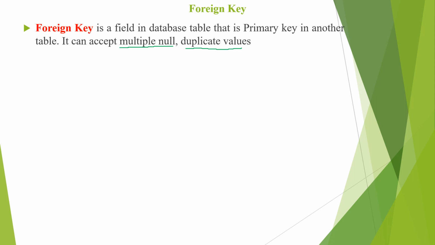In one table the same attribute acts as a primary key, and in another table the same attribute acts as a foreign key constraint. Where we use this field as a foreign key, it can accept multiple null values as well as duplicate values in that table.